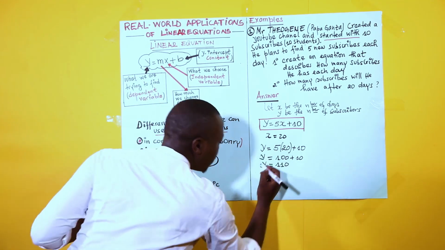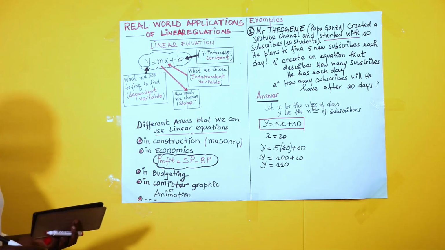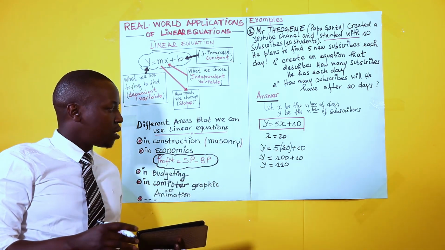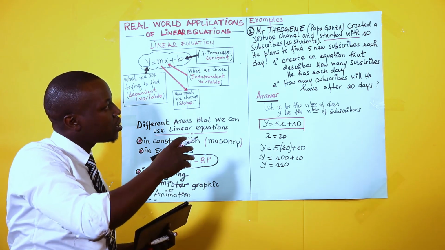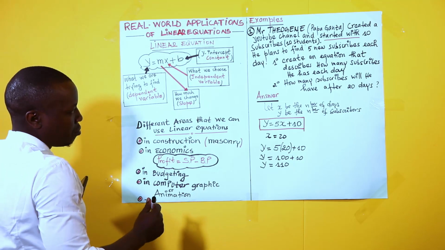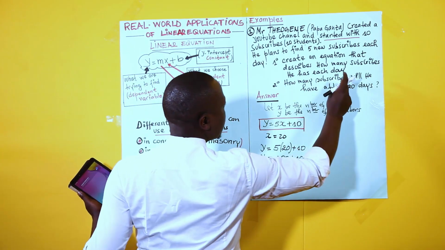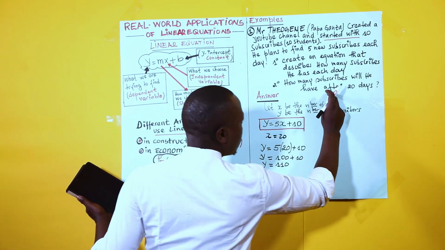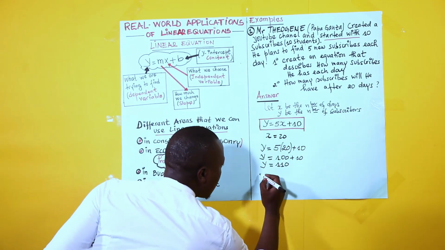This is the first step, and now we have to translate this in terms of the word problem. We are asked to find how many subscribers he will have after 20 days.